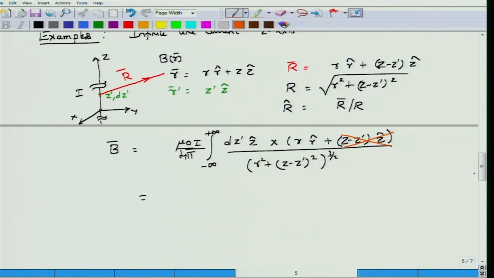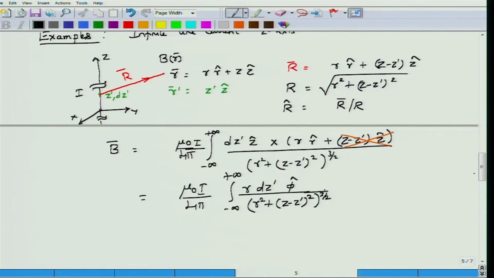So this becomes z hat cross r, which is along phi, and the resulting integrand becomes mu 0 I by 4 pi integral from minus infinity to plus infinity, dz prime, r, along the phi direction, divided by r square plus z minus z prime square to the power 3 by 2.